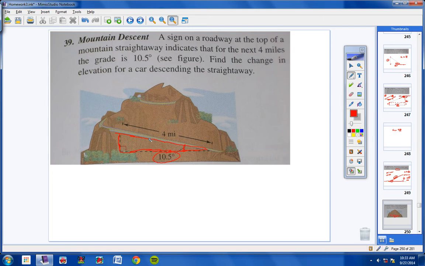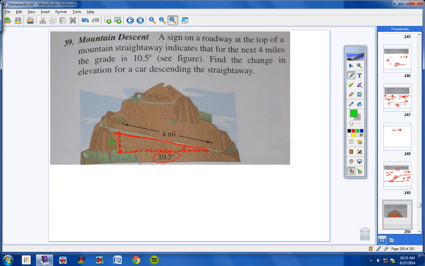The length of the hypotenuse is 4. And they want you to find the change in elevation. In other words, you were here, and you drove from here to here. So the change in elevation would be this height right here. That's what elevation is.